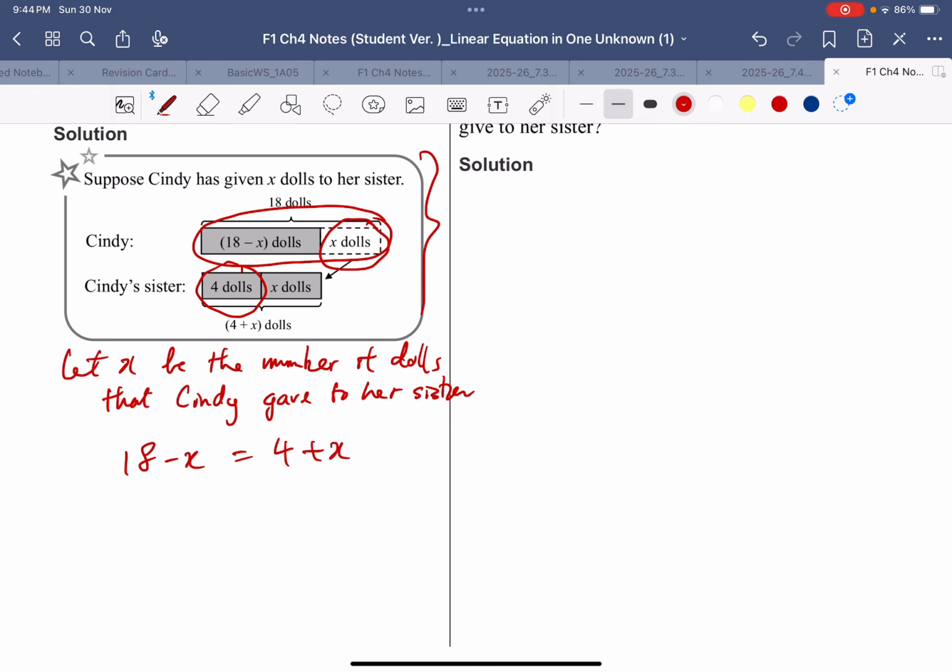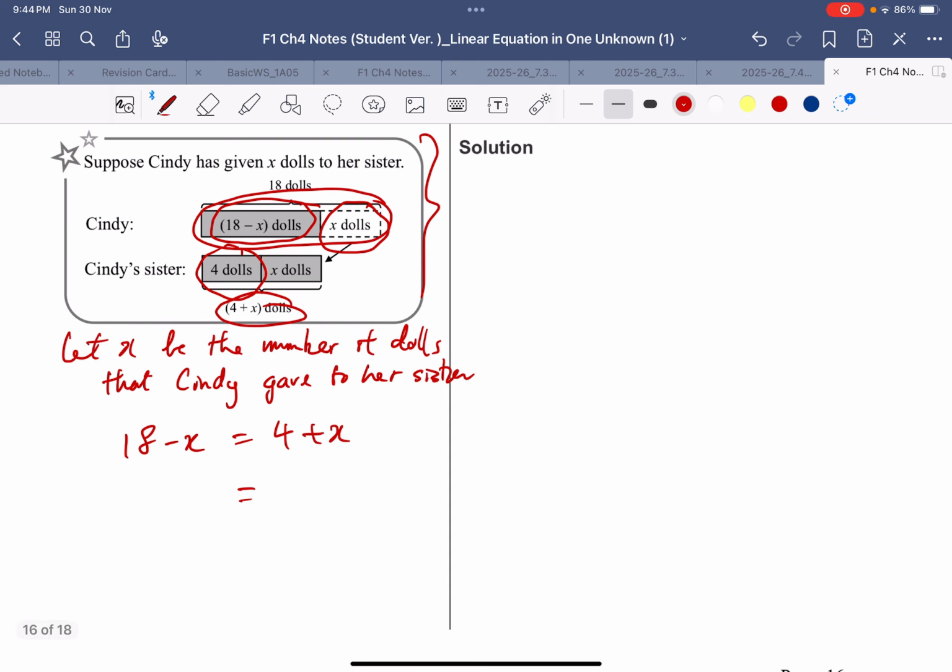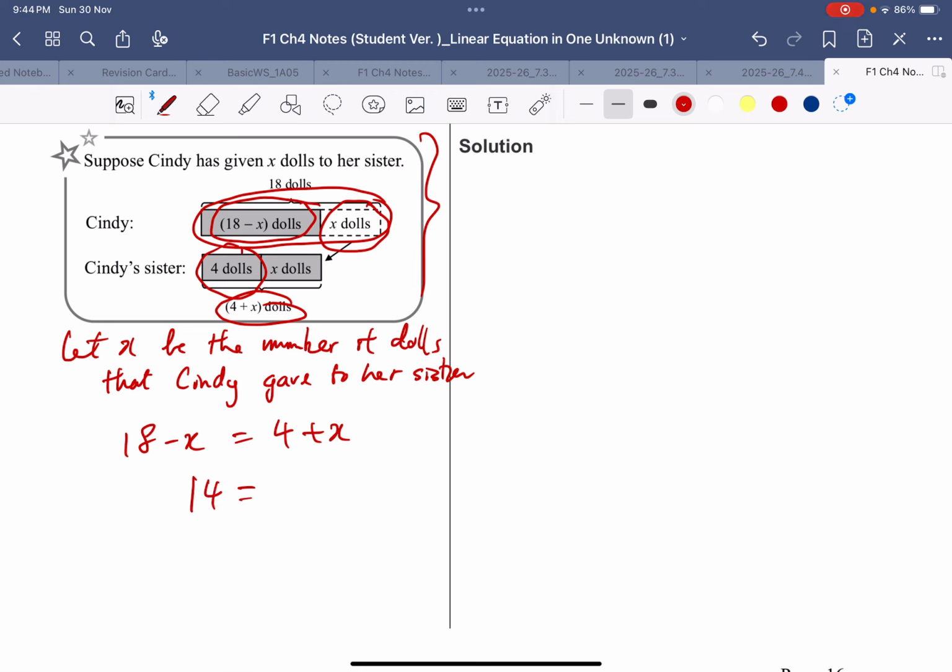So this 18 minus x is represented by this gray bar. After giving x doors to Cindy's sister, Cindy's sister now has 4 plus x doors, and they will have the same amount of doors. So solve this, and then we have the answer. Okay, 14, put 4 here, move the minus x to the right, it becomes 2x, and x is 7.